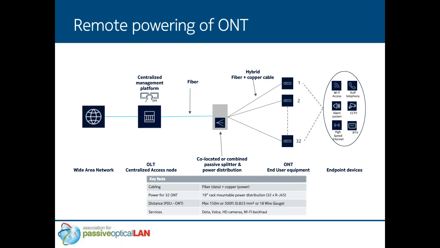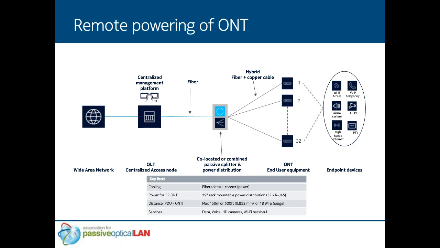It can be difficult especially to find a local power source, for example, on the sides of buildings or on poles or on lampposts. So the alternative is to remotely power the ONT through a remote power distribution unit.